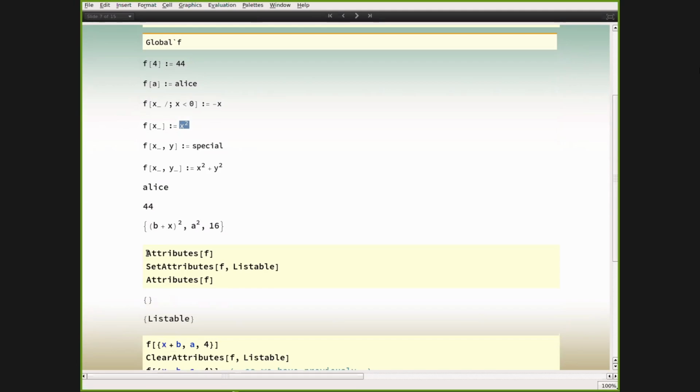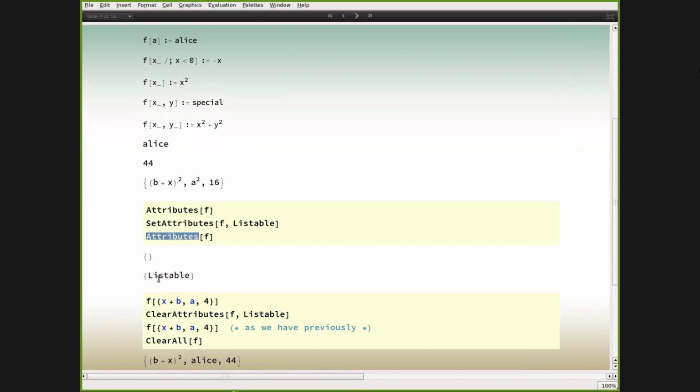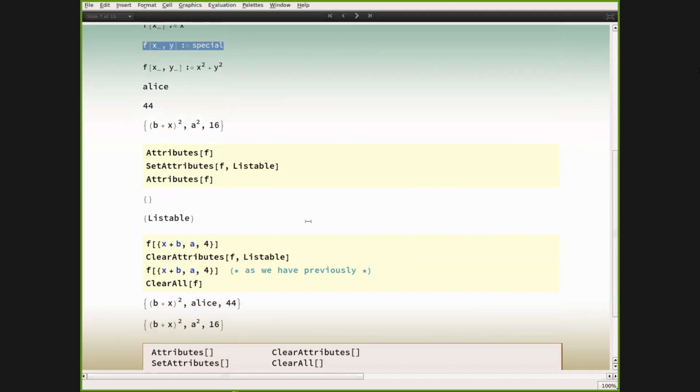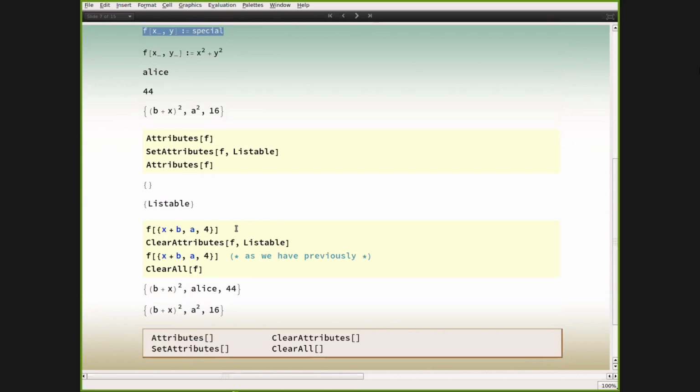Okay, so let's see what the attributes of our function f are. At the moment there are no attributes, so we will set one. We will say that our function f is listable. Of course, now Attributes says that this function is listable. And look, the behavior of our function has changed, because now when a list is passed to it, the function wraps itself and applies itself to every element of this list.